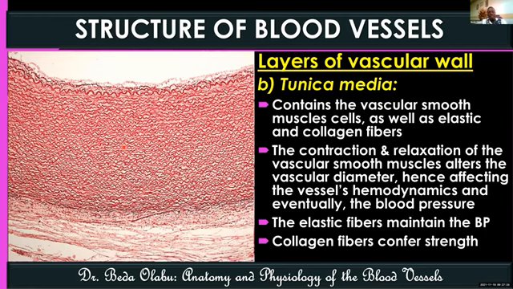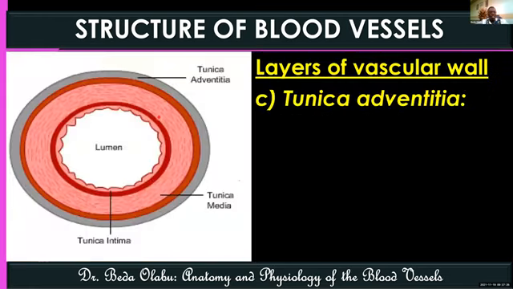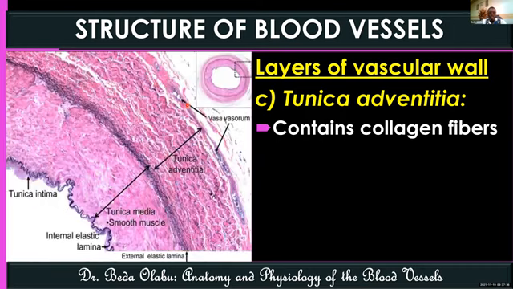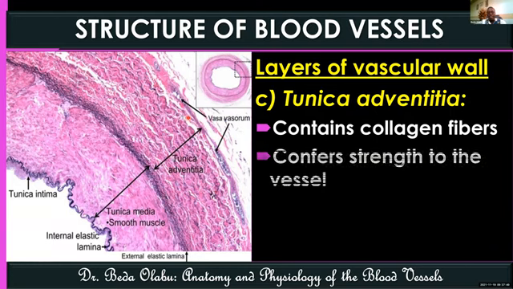That's tunica media. Now let's talk about tunica adventitia. The tunica adventitia is the outermost layer. This outermost layer contains collagen fibers predominantly. And the collagen fibers in the tunica adventitia are responsible for providing strength as well.